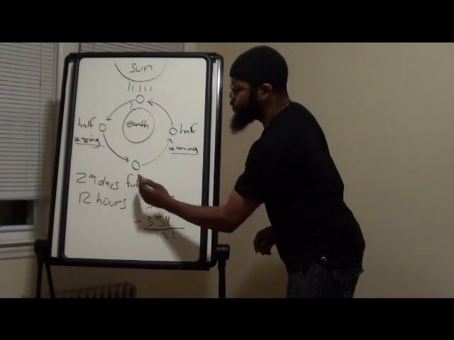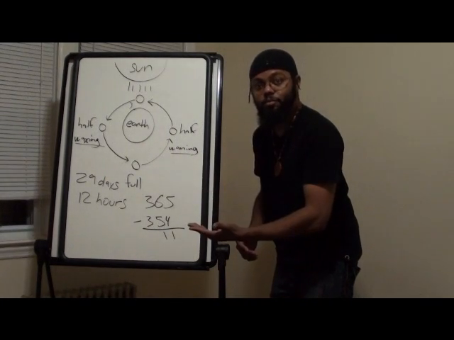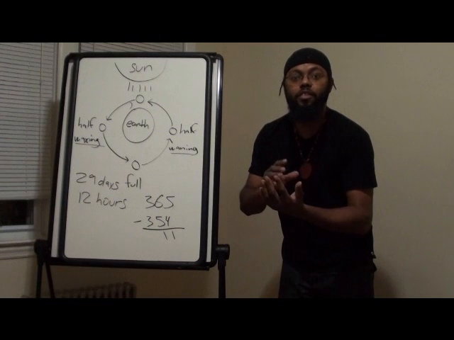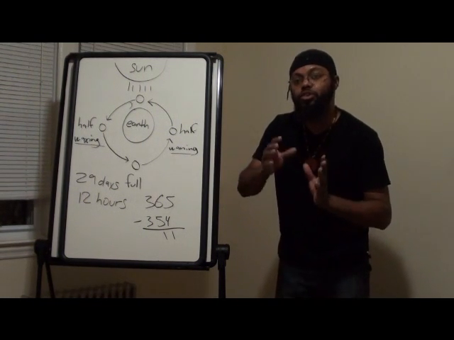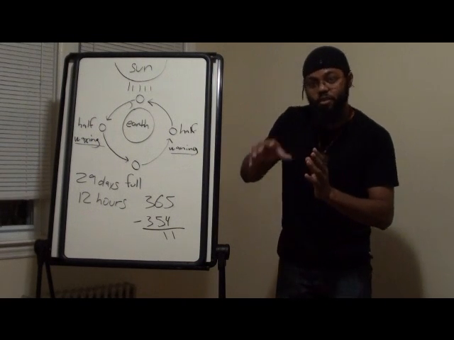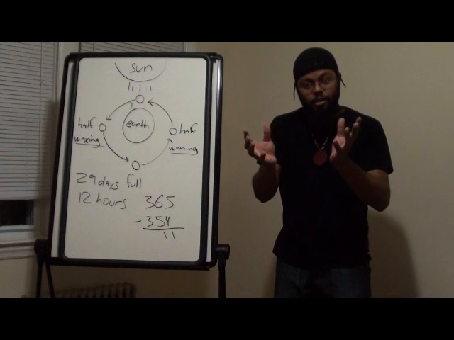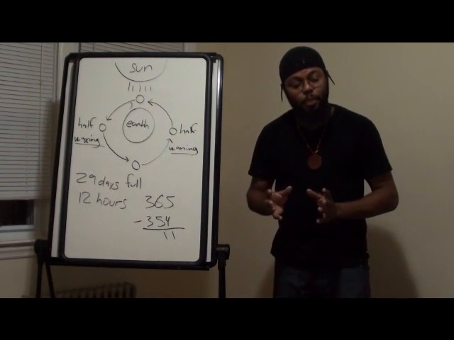Because now, when you're counting the 12 months of a year, because that's where we get our 12 months, or when you look at the term month, it is derived from the word moon. So you have 12 cycles of the moon, or the 12 moon phases, which consists of the 29 and a half days.